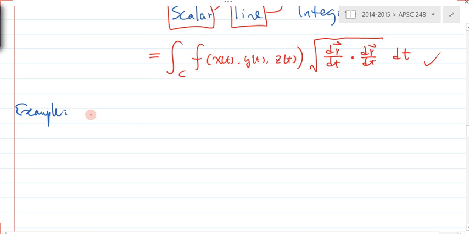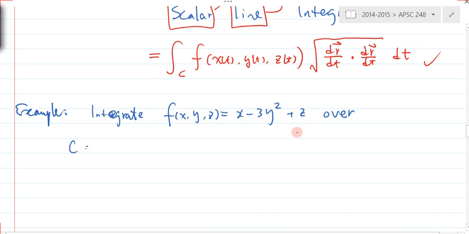The first example is to integrate this function over a curve C. I didn't tell you, but it is shown here.